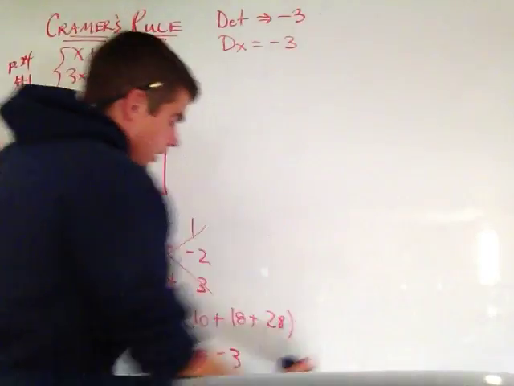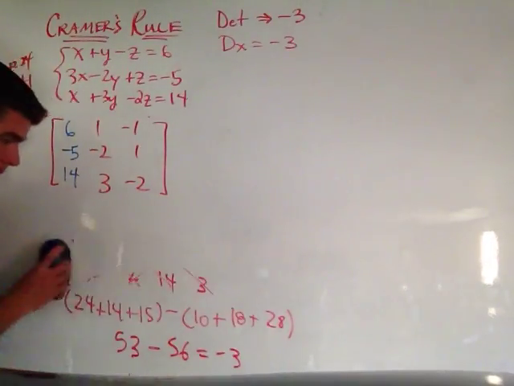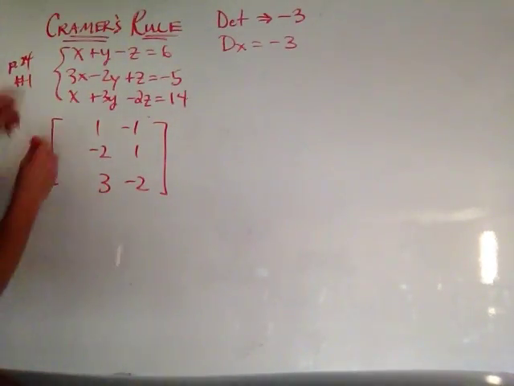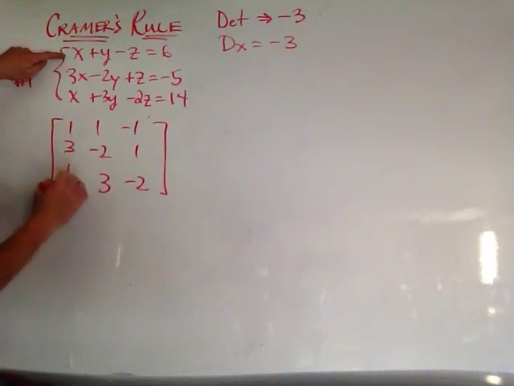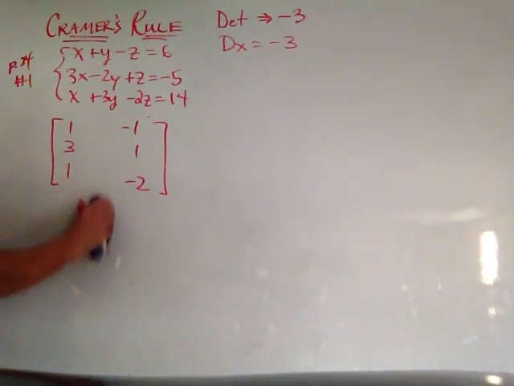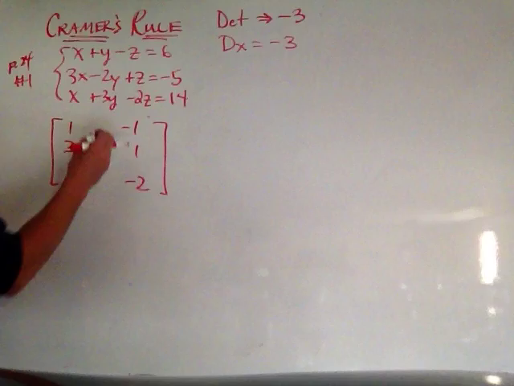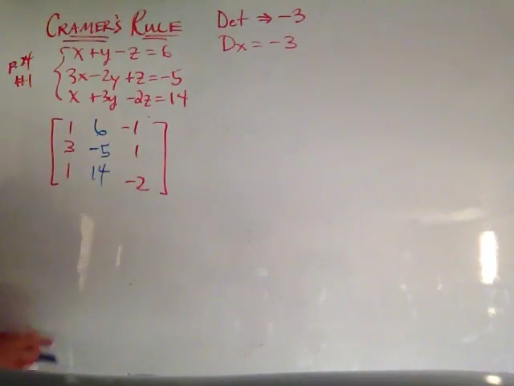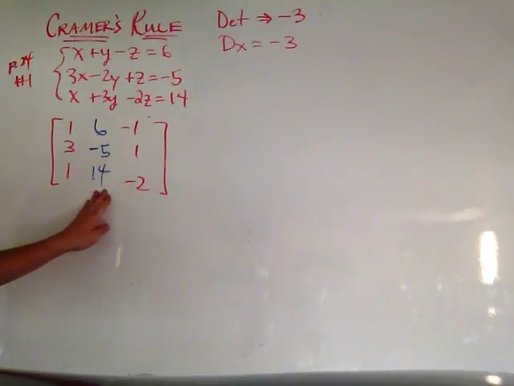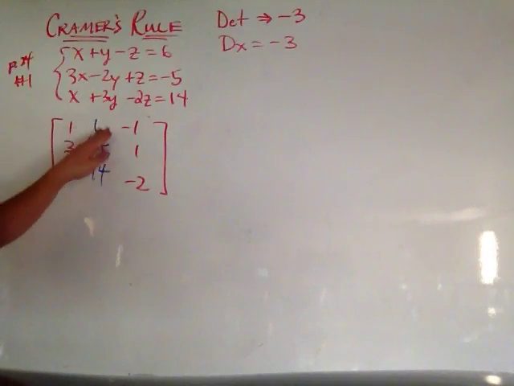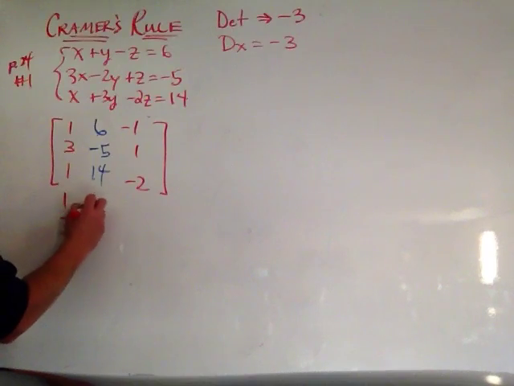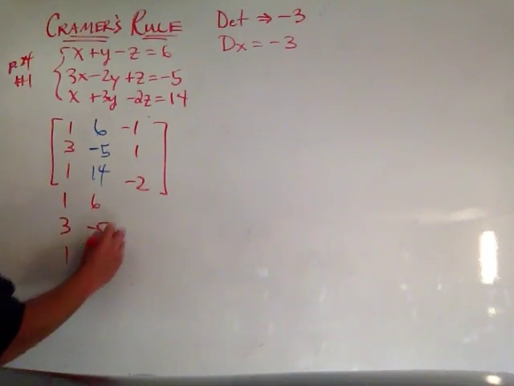Okay, excellent. Now, let's do the same process, but this time, when we take our coefficient matrix, we are going to replace the y column. And we will replace the y column with 6, -5, 14, because that was the solution column, and now we're going to solve for the determinant with respect to y. So again, you find your 3 by 3 determinant, and I will do that.